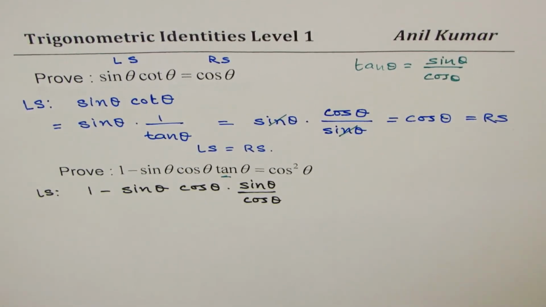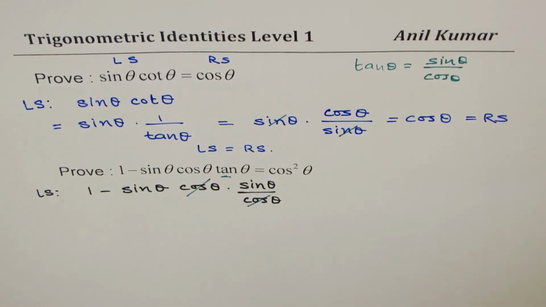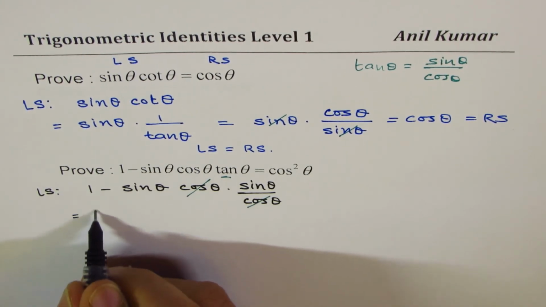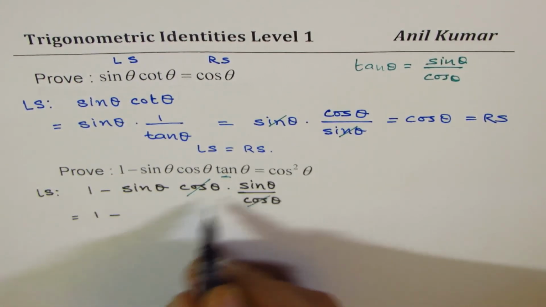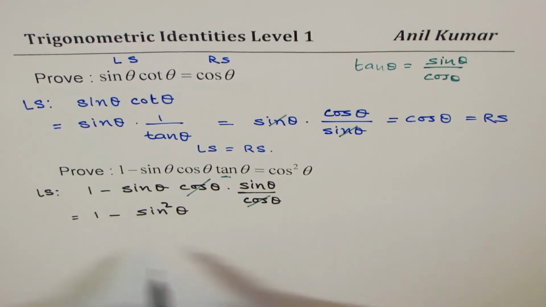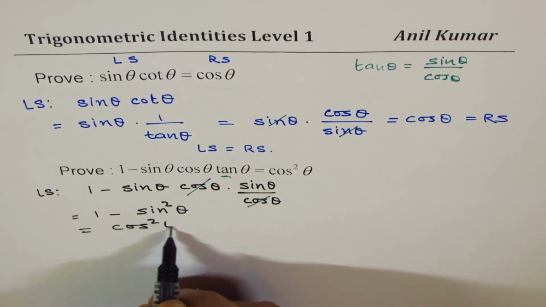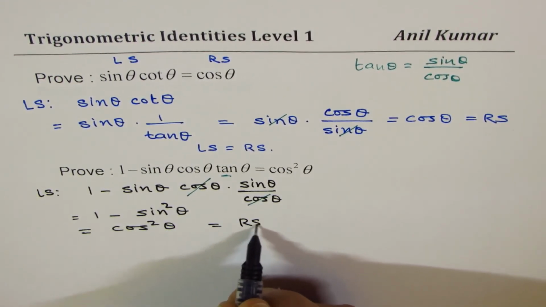Now in this, you can cancel cosine and cosine, and what you get here is equal to 1 minus sine square theta, right? 1 minus sine square theta. And as you know, 1 minus sine square theta is cos square theta, right? So this is equal to the right side.